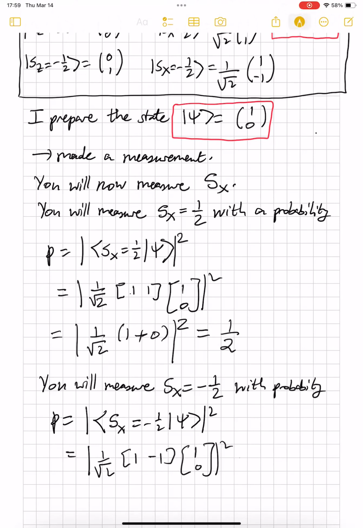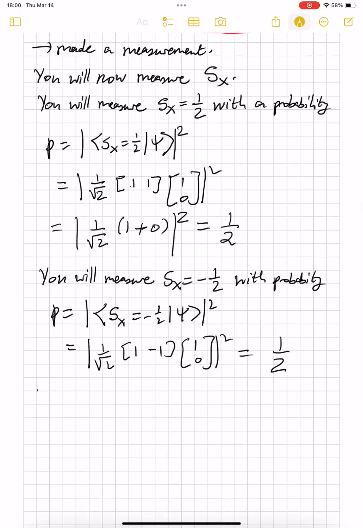Doing exactly the same manipulations as above, you find this probability is also 1/2. Now that's good because the sum of the probabilities is 1, and you must measure either plus or minus 1/2. So these are the two possible values you could get with the two possible probabilities. Let's imagine you get plus 1/2.